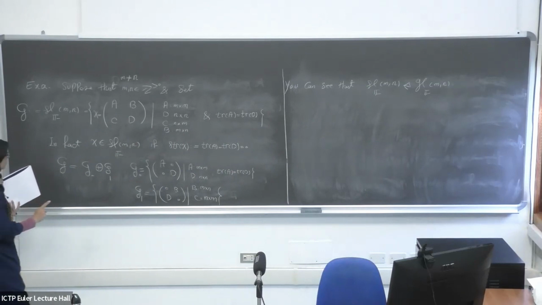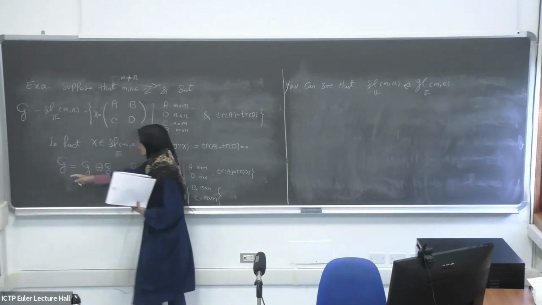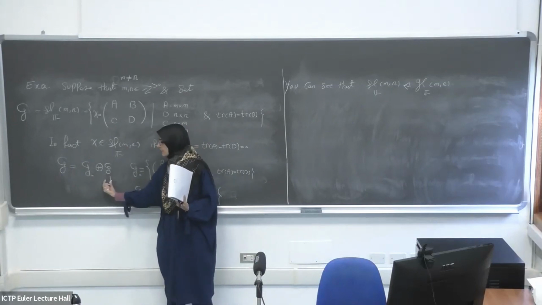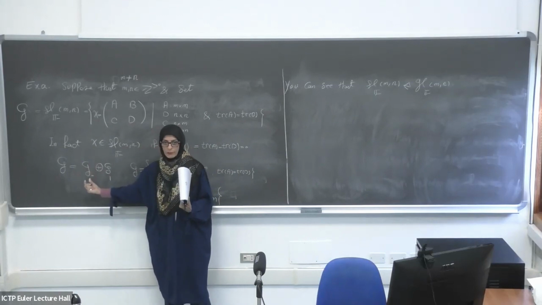Yesterday, I told you that when we have a Lie superalgebra, the even part is a Lie algebra, and the odd part is a module for the even part.